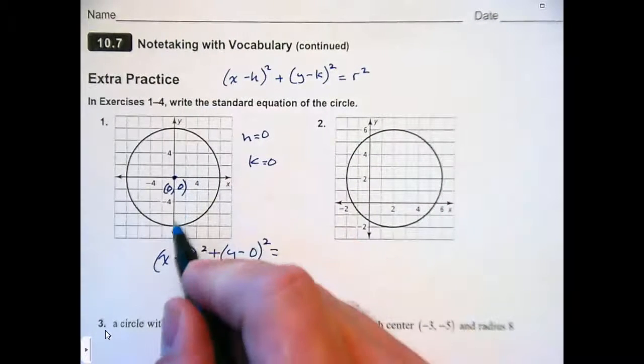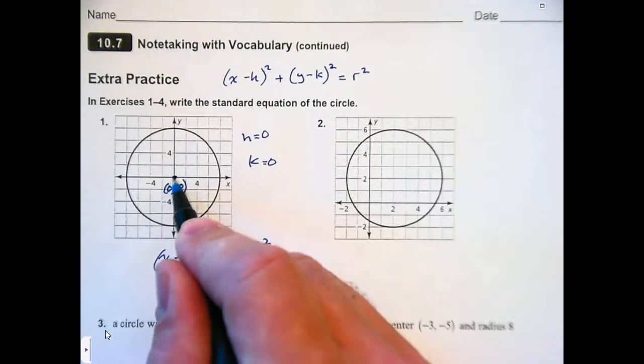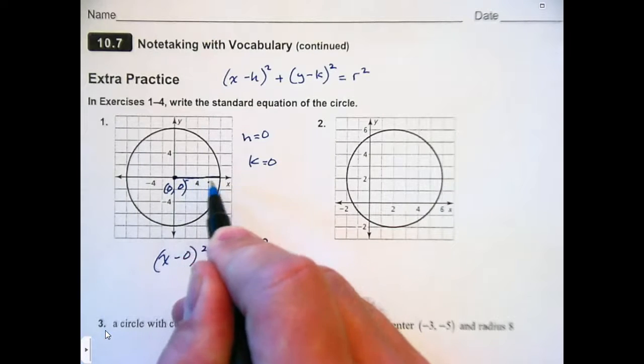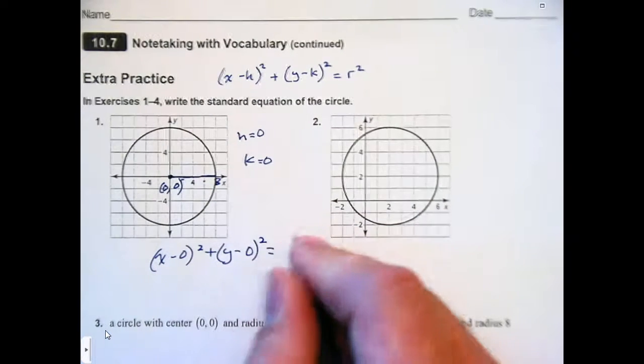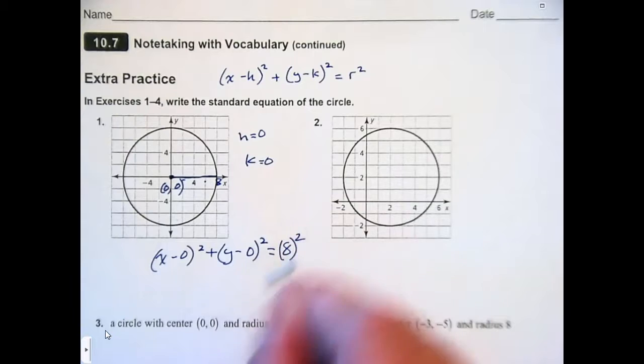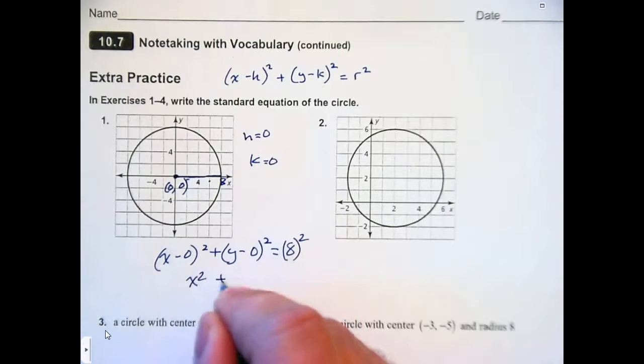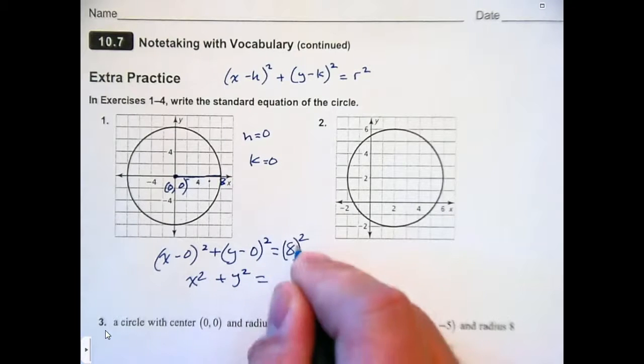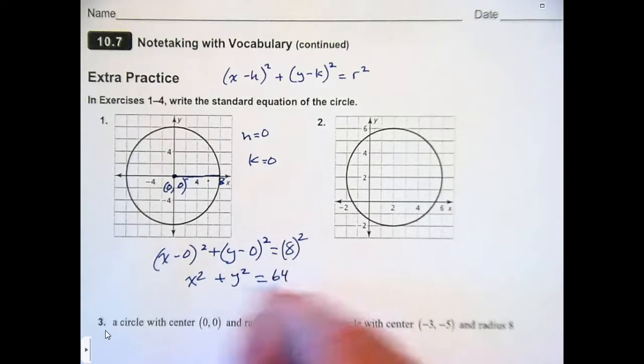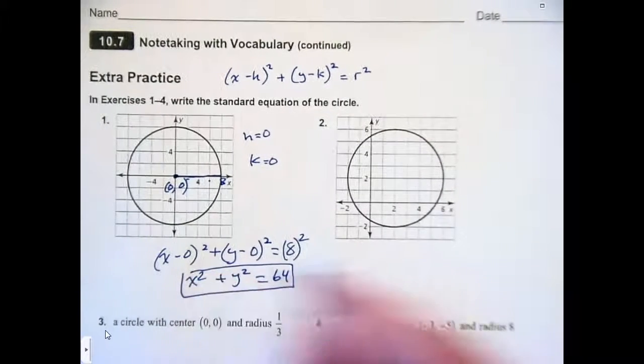That's our radius. What is our radius? In this case it is 2, 4, 6, 8. Okay, so 8 squared. So x minus 0 squared is just x squared, y minus 0 squared is just y squared, equals 64. There, we've got it.